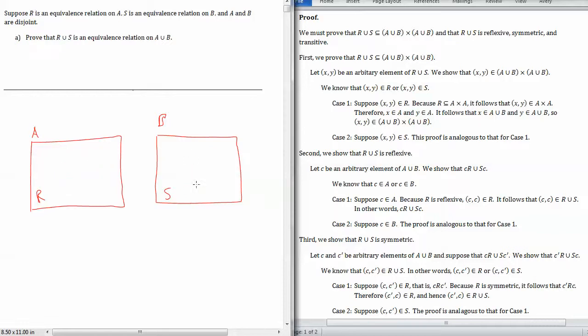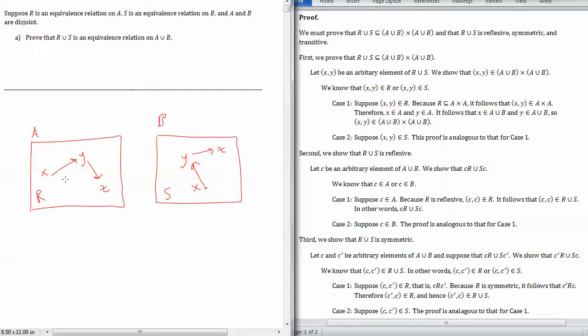And finally, for transitive, we get to assume we have two arrows: X is related to Y, and Y is related to Z. Remember, nothing over here is related to anything over here. So if things are going to match up, X, Y, and Z are all going to have to be in the same rectangle for these arrows to match up.